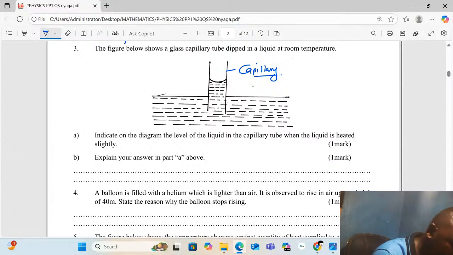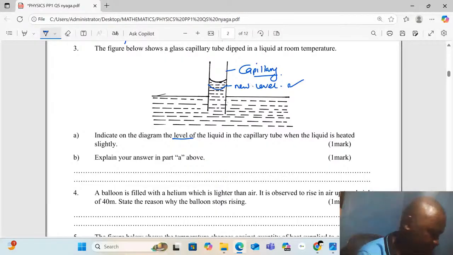So, for this case, we expect that the liquid will slightly drop. So you can say this is now the new level after heating.